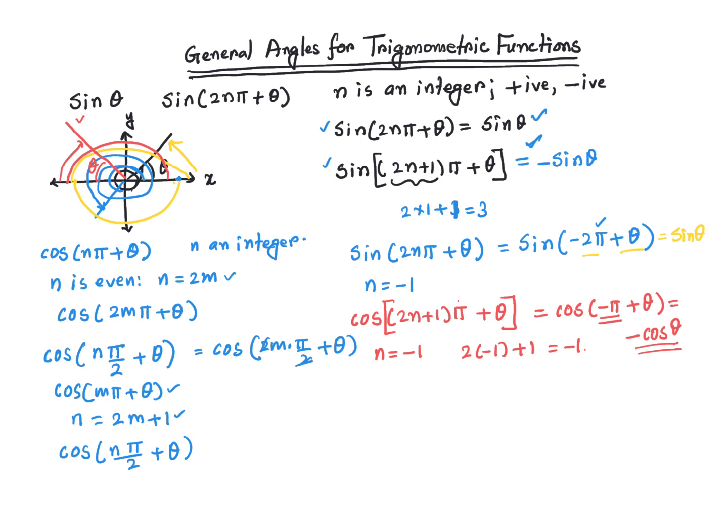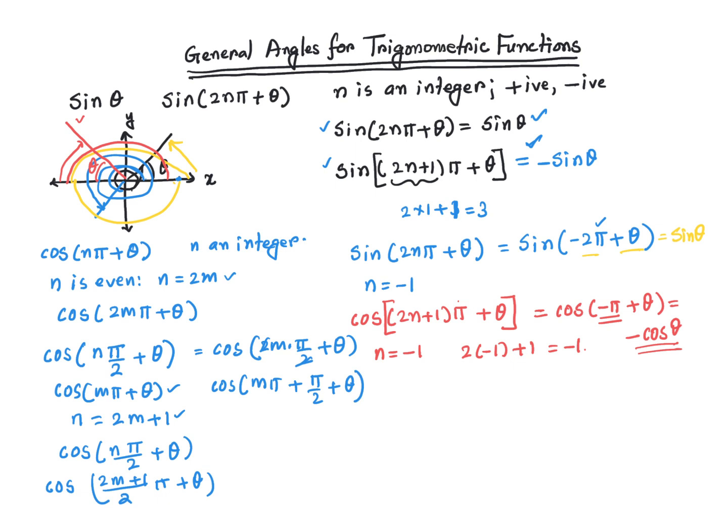So we are going to write it as cosine of 2m plus 1 divided by 2 times pi plus theta. Okay, and if you simplify it, you're going to get cosine of m pi plus pi over 2 plus theta.